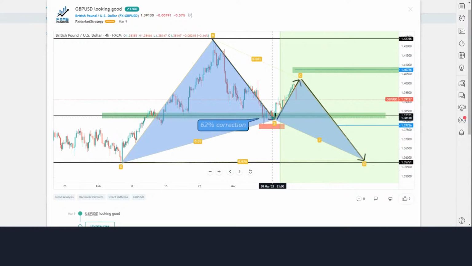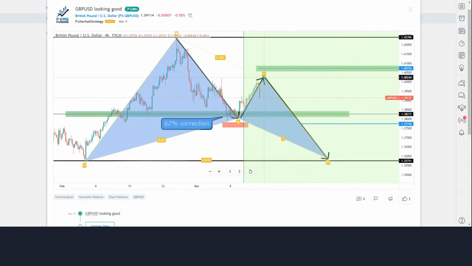We expected that this corrective wave, there was only A and B, and we expected to continue the corrective wave until it go up and then reverse back from this point, which is 1.4.